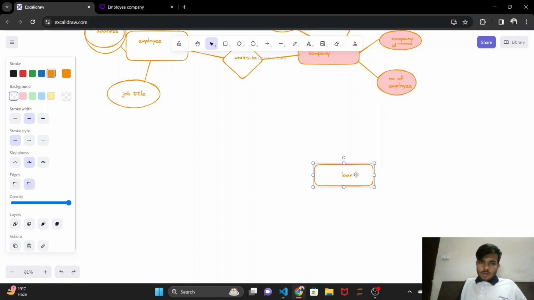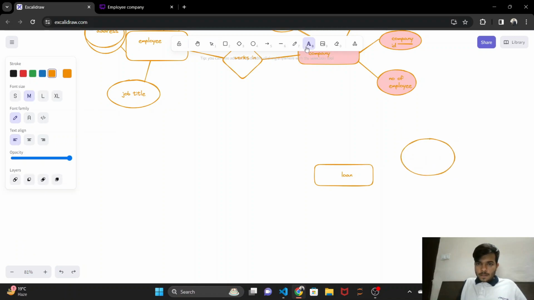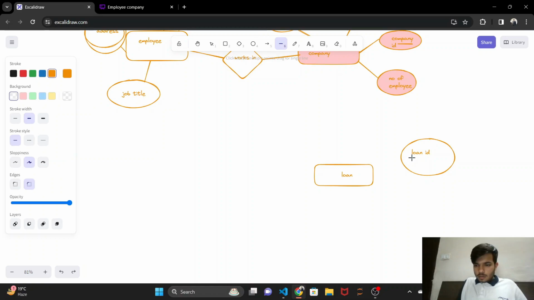So loan department will be having various attributes like loan ID. So this will be unique and not null, so it is our primary key. We will be representing it by underline.